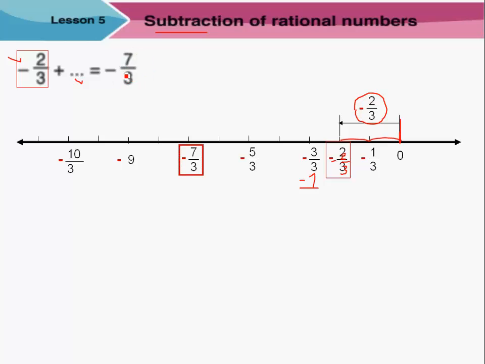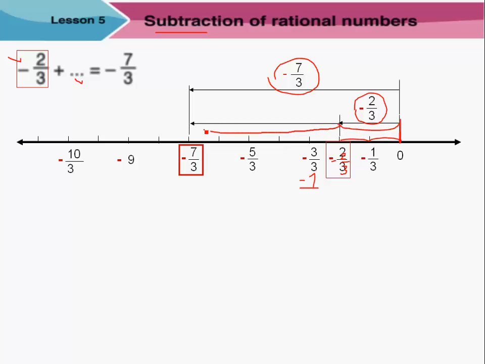So we will start from 0 to minus 7/3. Its length is minus 7/3. So the arrow started from 0 to minus 7/3. This arrow started from 0 to minus 2/3, and we have to complete with another arrow till minus 7/3.